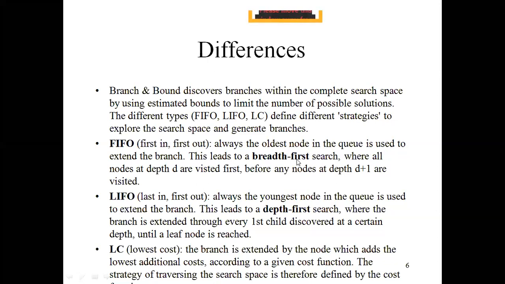This leads to a breadth first search, just like BFS, where all nodes at depth D are visited first before any nodes at depth D plus 1 are visited. Now LIFO.